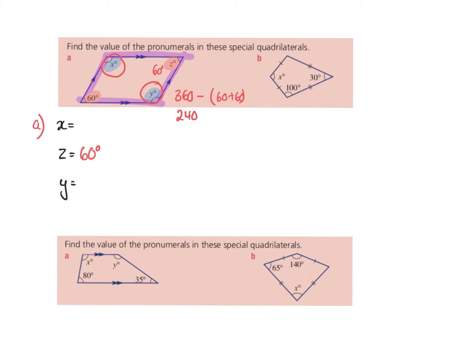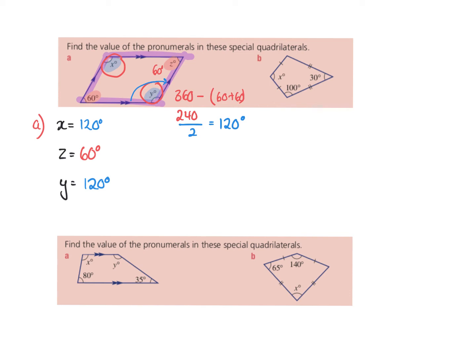So if I divide the 240 by 2, I get 120, yeah? So now I know that x is 120 and y is 120. Now have a look at the angle up there. Does this look bigger than 90? Yeah, so 120 looks good?